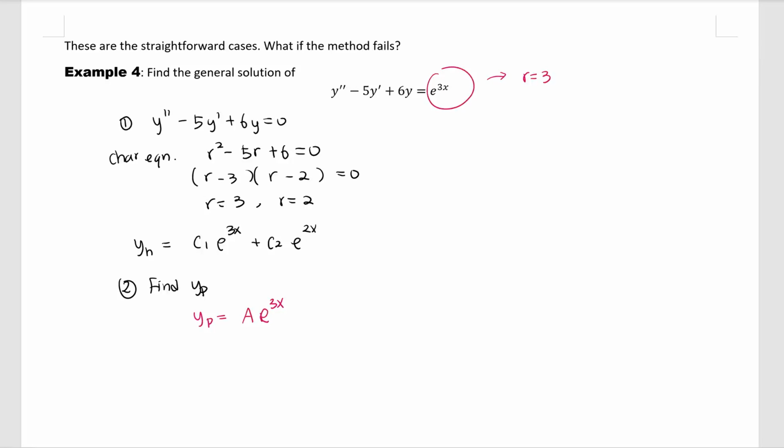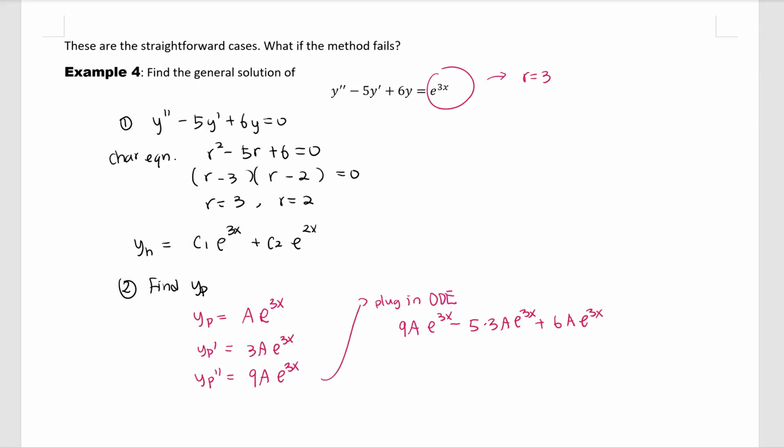Then, like what we did, we compute y prime, which is 3a e to the 3x, and y prime prime, which is 9a e to the 3x, and then we plug into the differential equation. We get 9a e to the 3x minus 5 times 3a e to the 3x plus 6 times a e to the 3x, and that equals e to the 3x.